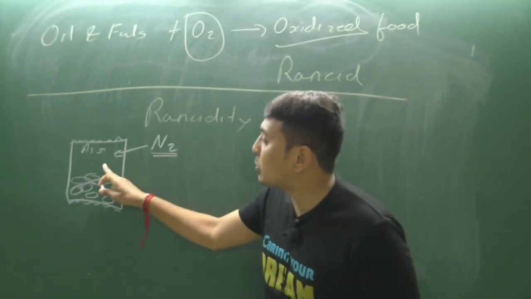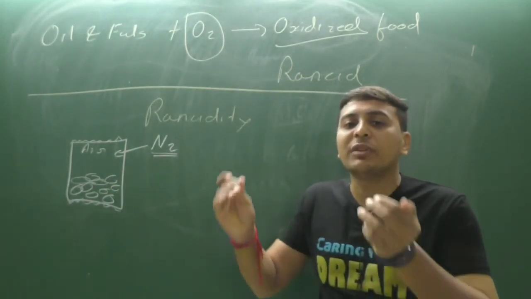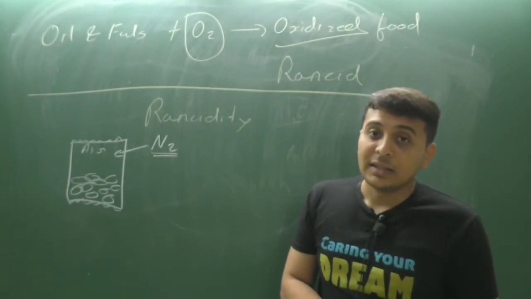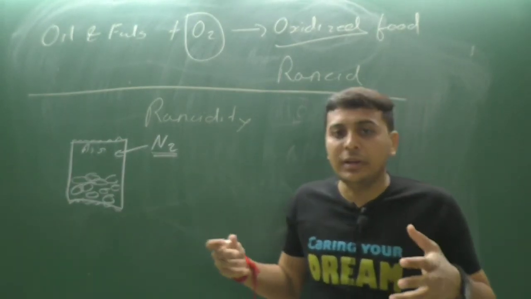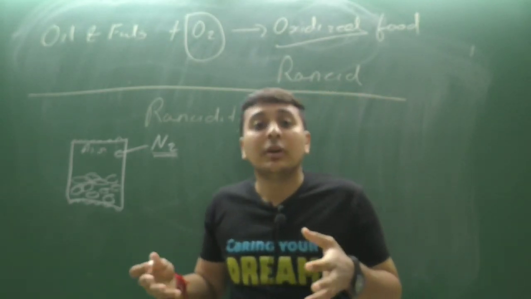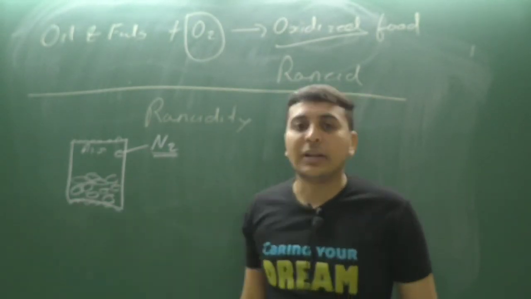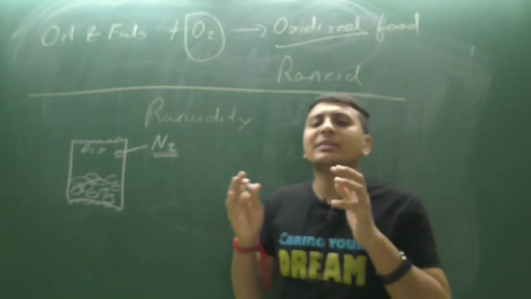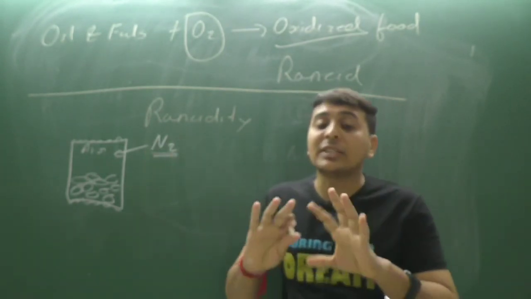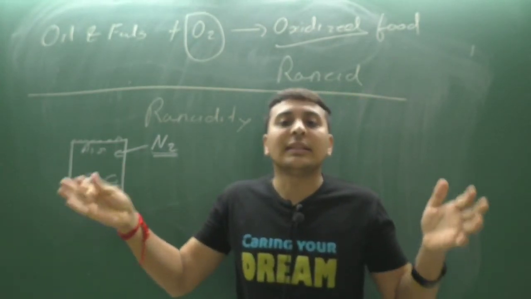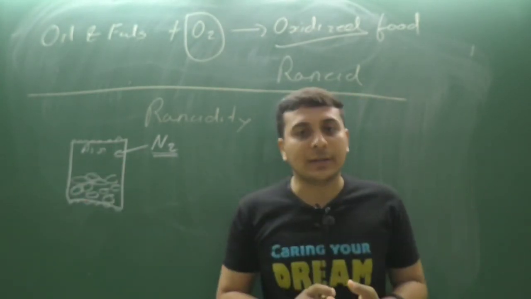So no oxygen is present here, so the process will not occur, and we can slow down the process of rancidity. Clear? Similarly, the chip packet of Lay's wafers also contains nitrogen. So all of the chip packets that are filled with nitrogen gas do not get rancid, so they can be preserved for a longer period as compared to being preserved in open air.